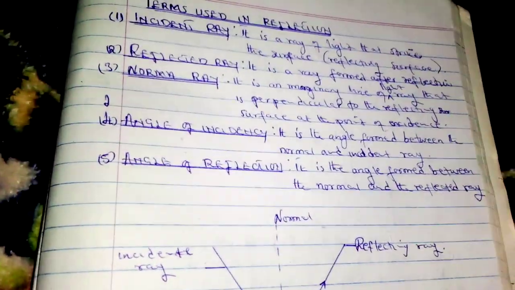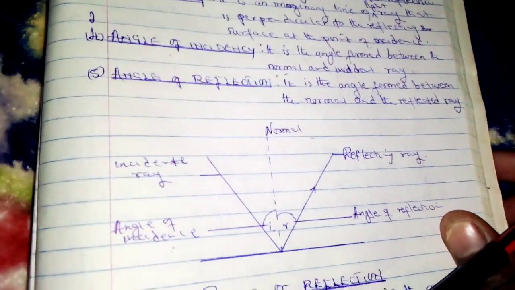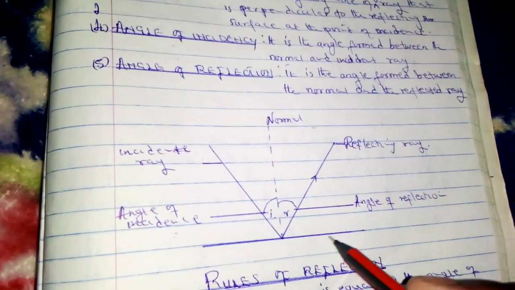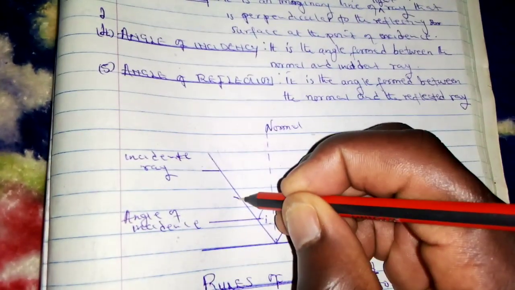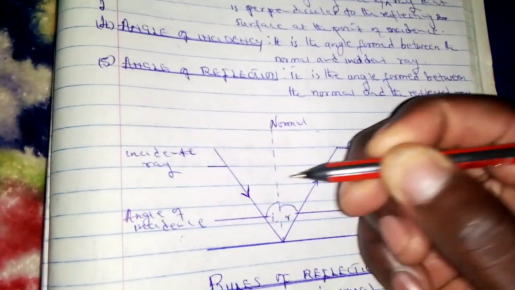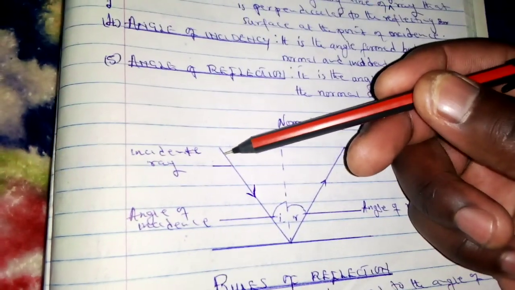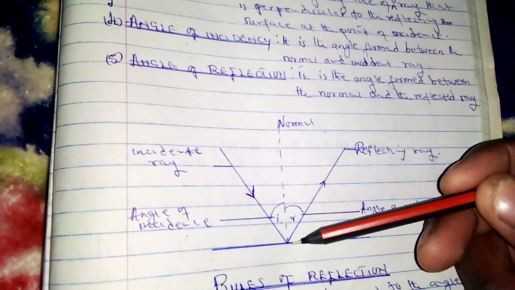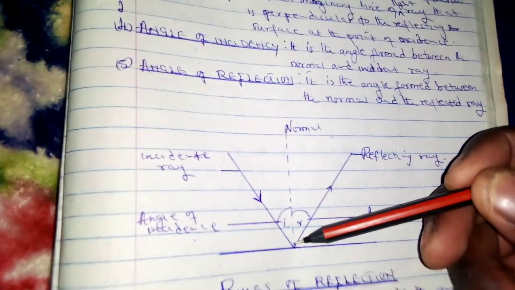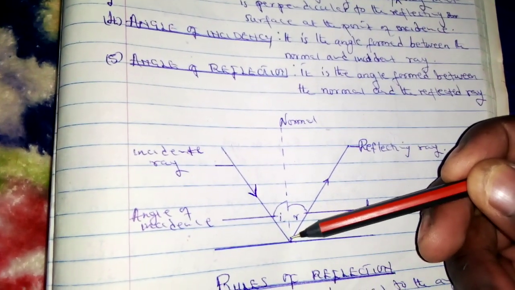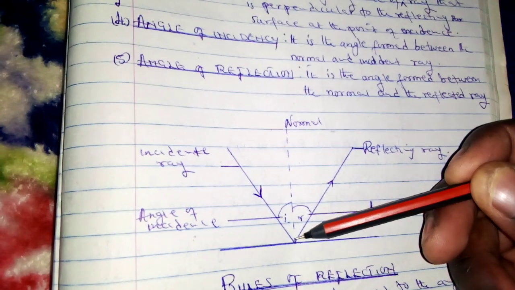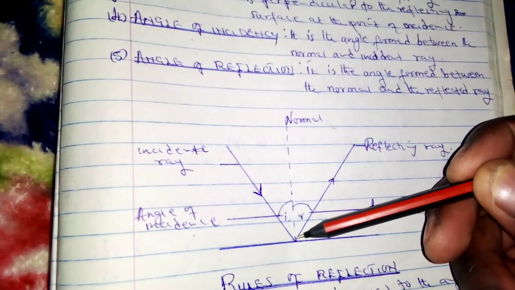Now there are a couple of terms that you should understand about reflection. So let's consider this diagram first of all. A ray will come. Now if this ray strikes this surface, this ray is called the incident ray.